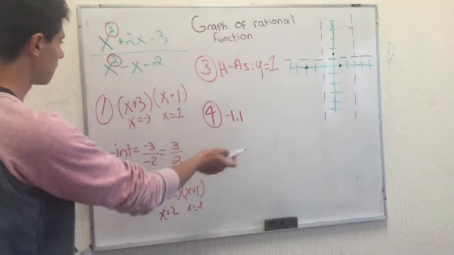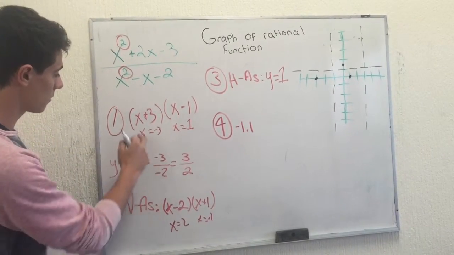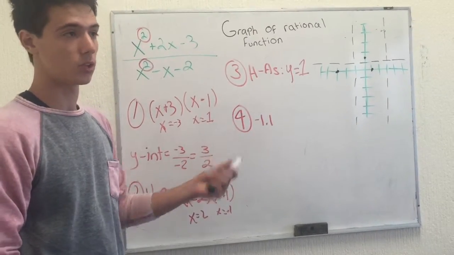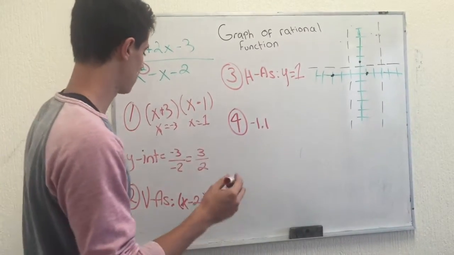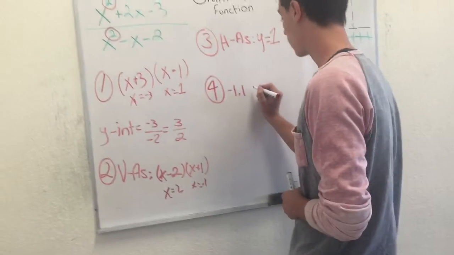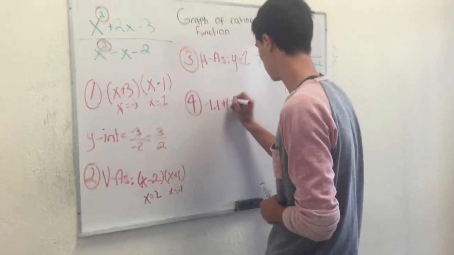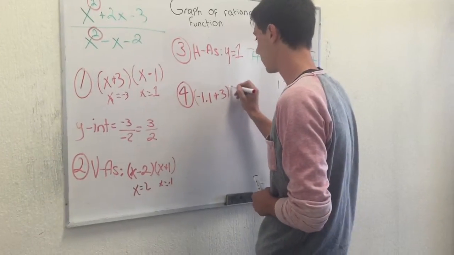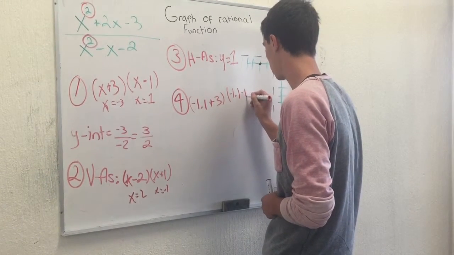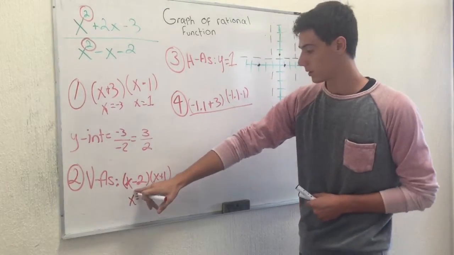We're gonna substitute every single x that we got in the parentheses, so we can know if the sketch will go downward or upward. So let me begin. -1.1 plus 3, -1.1 minus 1, over the lower part.